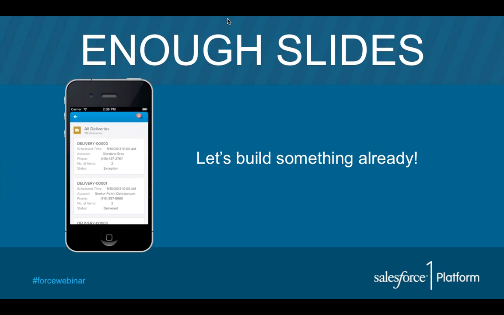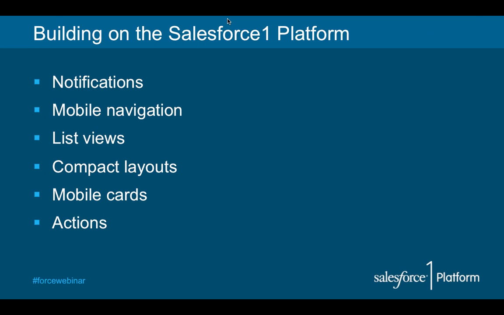So let's quickly recap what we have done. We've had a quick look at notifications, allowing you to notify people when they need to be made aware of something. The navigation that you have control over, so not just feed and objects, but also application, canvas apps. I didn't show those, but there's quite a number of things that you can do.